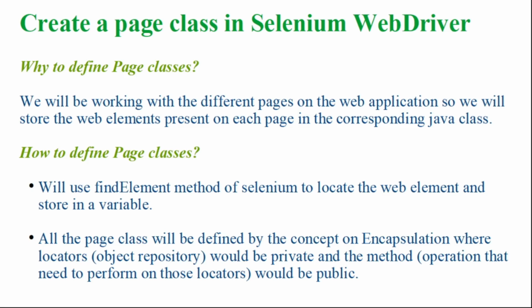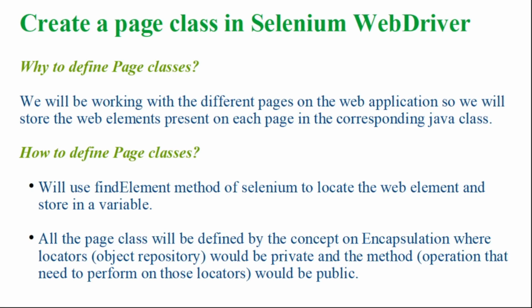The reason the locator should be private and the method should be public is that we are using the concept of encapsulation provided by Java. All the page classes you define in the Selenium framework depend on the concept of encapsulation, where all the locators, also called the object repository, will be private.